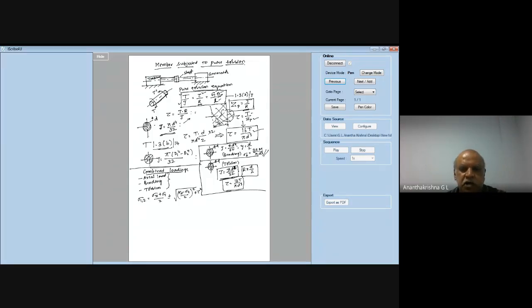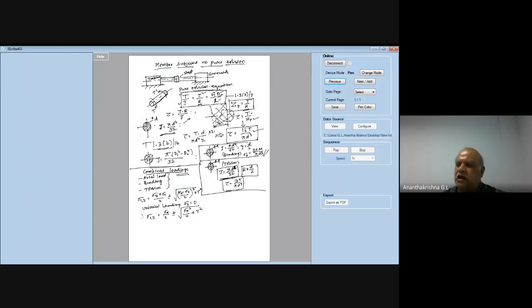This is the equation we took earlier when the member is subjected to combined loading. But for a uniaxial loading case, sigma y is going to be 0. Therefore, the principal stress sigma 1, 2 is given by sigma x by 2 plus or minus root of sigma x square by 4 plus tau square.